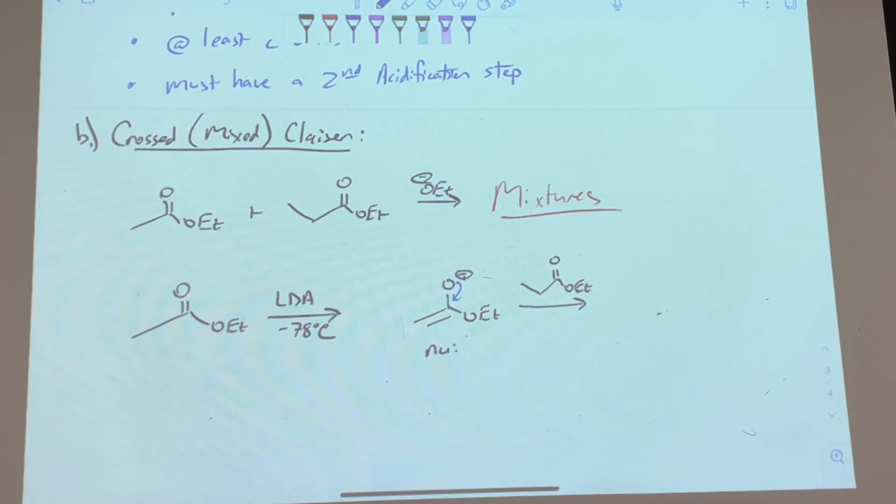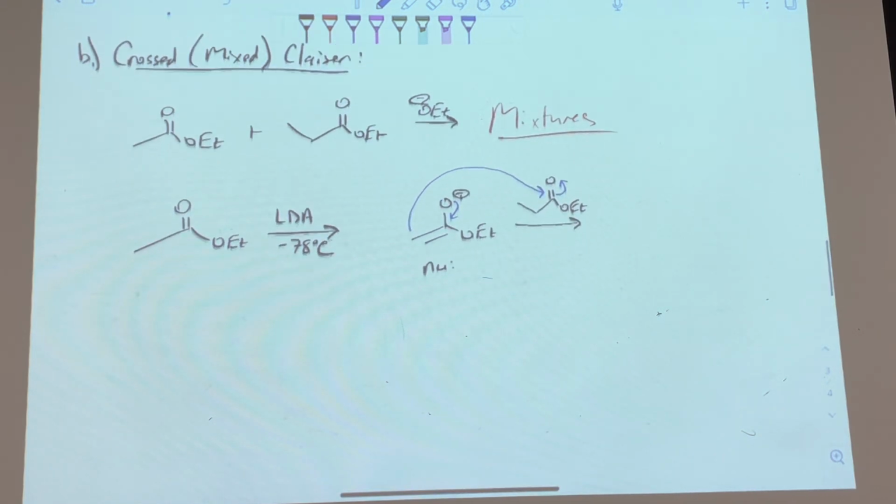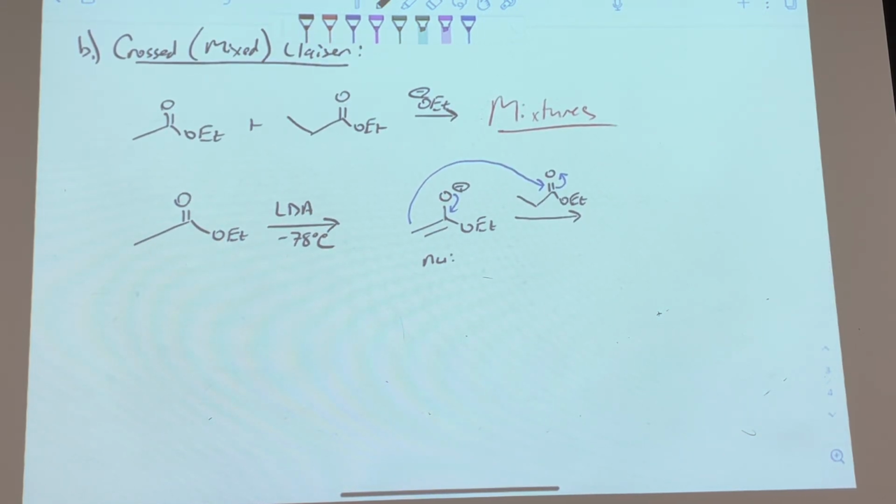Electrons go down, get kicked out the alpha position to attack the other carbonyl. You would end up with that. And then, just like in the mechanisms before, reform the beta carbonyl, kick out the leaving group.